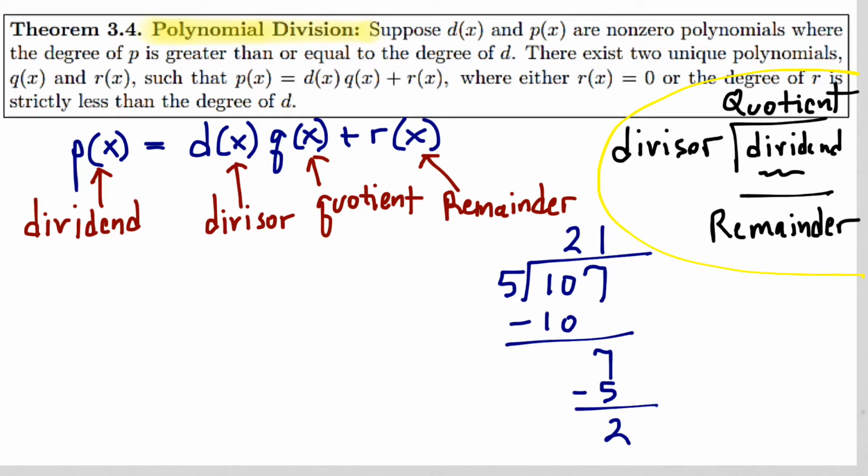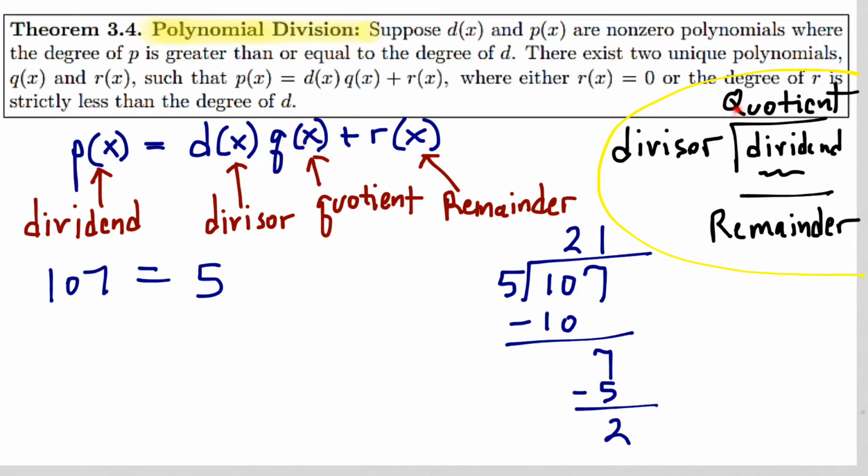This says that the dividend in my number problem is 107. The dividend is equal to the divisor. The divisor in my problem is 5, multiplied by the quotient.